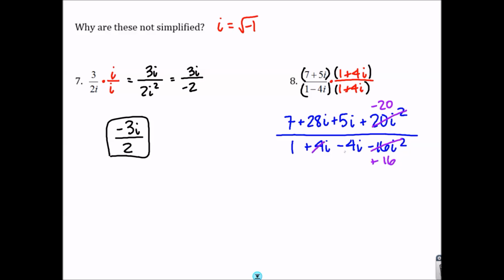And the 4i and -4i in the denominator cancel out. Then we can just combine our like terms. So we have 7 plus -20, which is -13, and then 28i plus 5i, which is 33i. And in the denominator, we have 1 plus 16, which is 17.